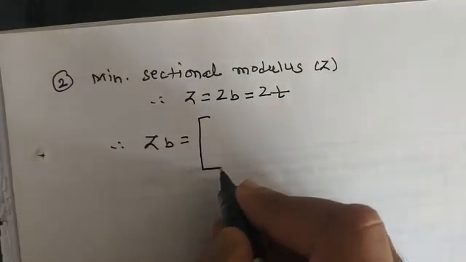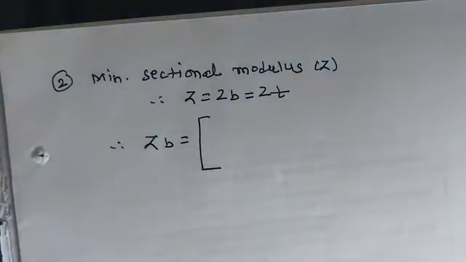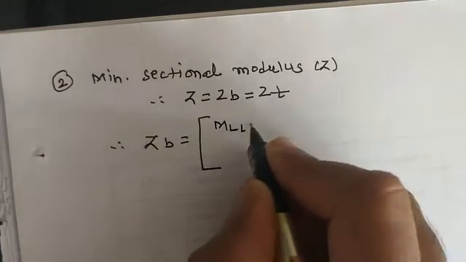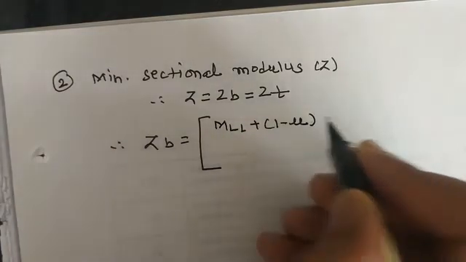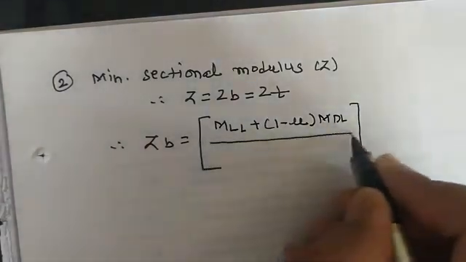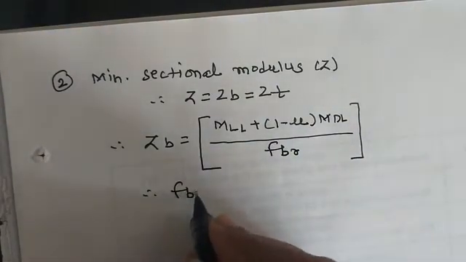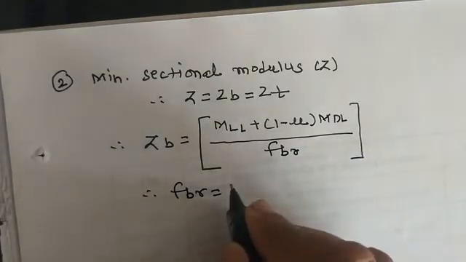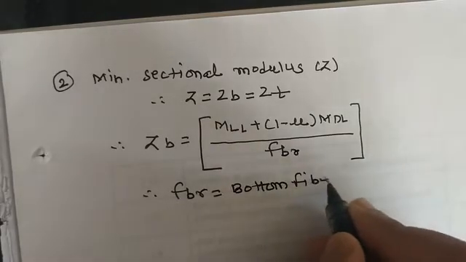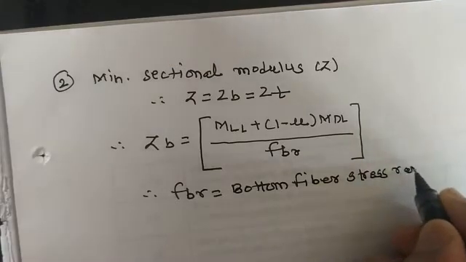Formula for Z bottom is equal to bending moment due to live load plus 1 minus mu times bending moment due to dead load, divided by FBR. We know that the FBR is the bottom fiber stress range. It is the range of bottom fiber stress.